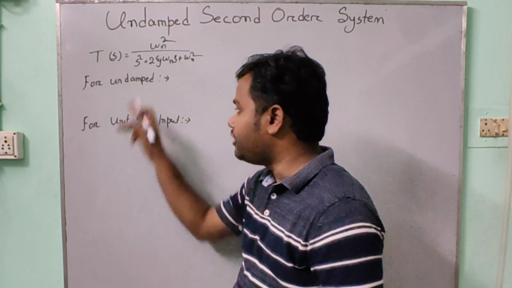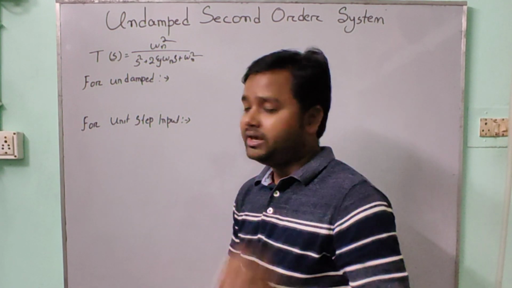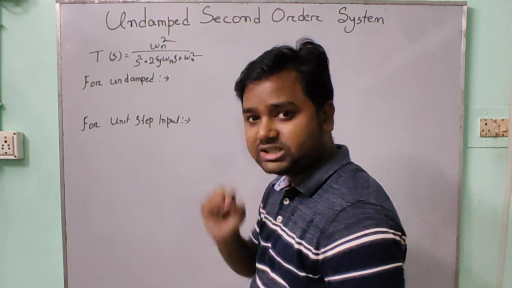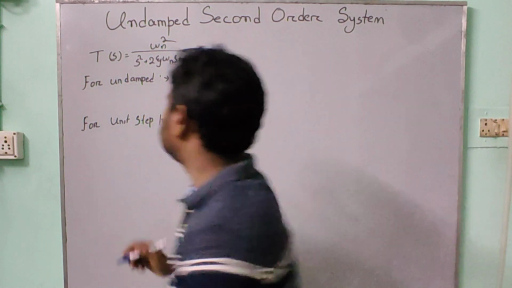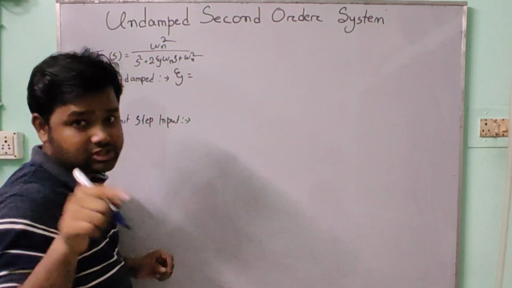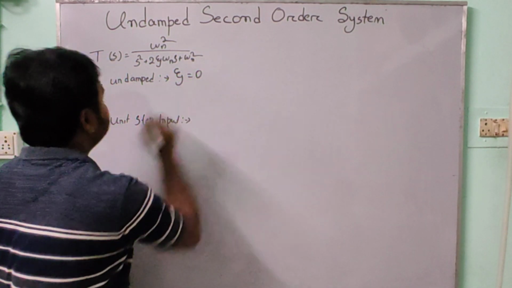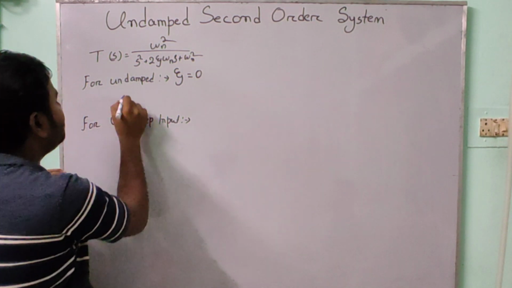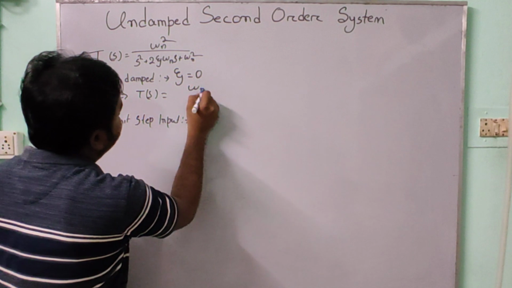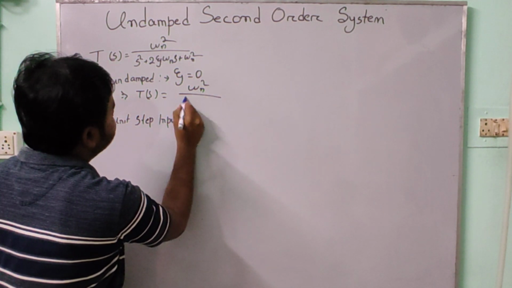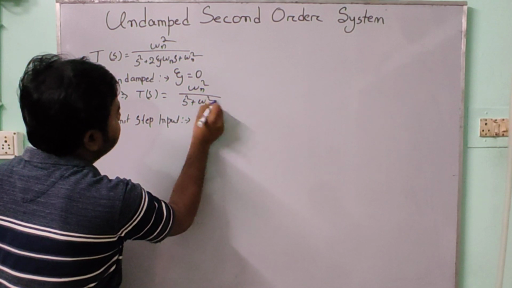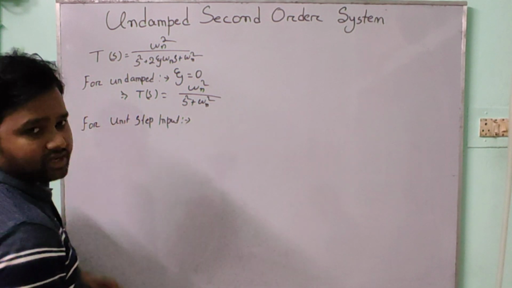For an undamped system, zeta is equal to 0. So T(s) is equal to omega n square divided by s square plus omega n square.